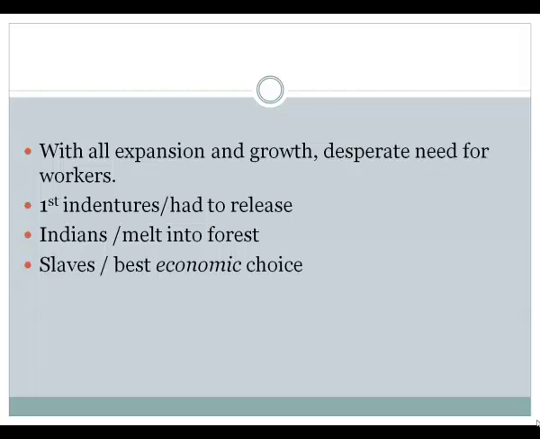Women worked in the fields, men didn't. So slaves were the best economic choice. It wasn't because of the color of your skin, it was because you had more land than you had workers. You also didn't have to release them, they were yours for life. So economically, buying an African slave was the best economic choice.